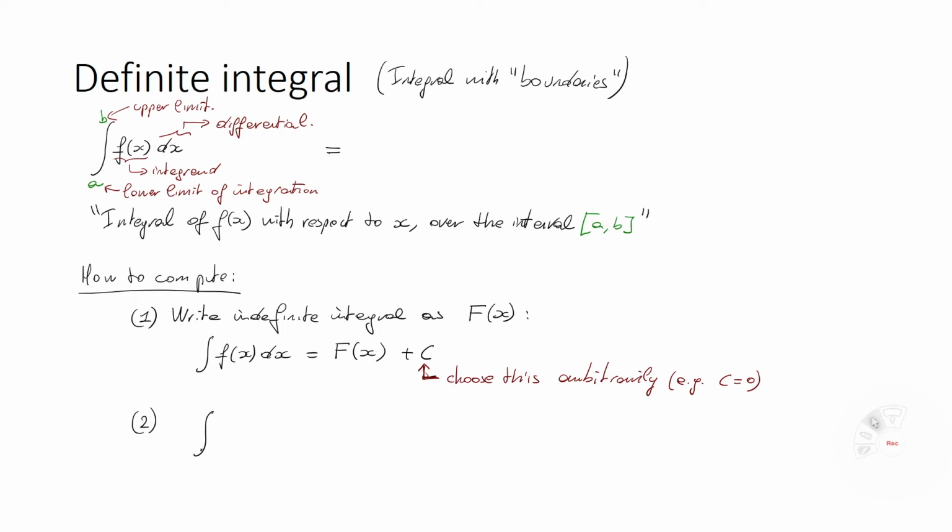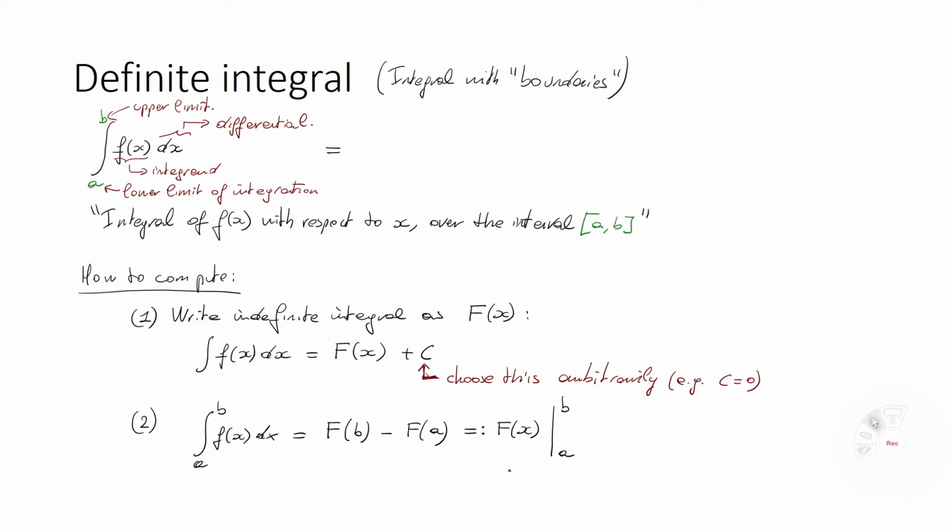for the definite integral, we now have that the integral from a to b of f of x dx is the function capital F evaluated at b minus the function capital F evaluated at a. And we also write that as follows: F of x evaluated from a to b. So the vertical bar means evaluated at.